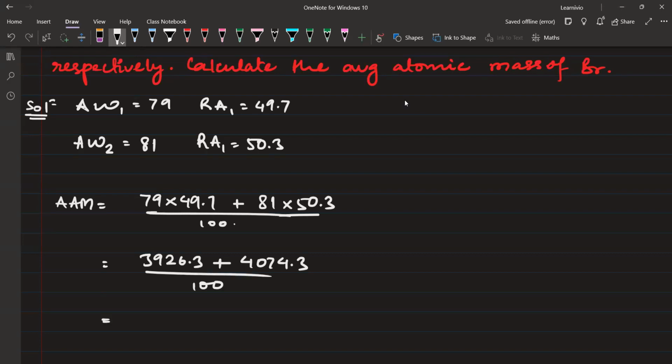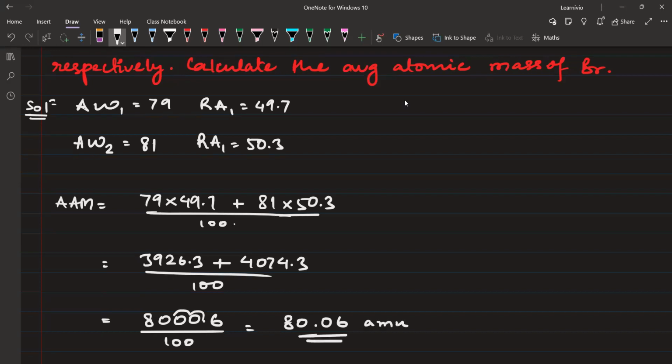So this is equal to 3926.3 plus 4074.3, equal to 8000.6 divided by 100, and this is equal to 80.006. Okay, this will be the mass.